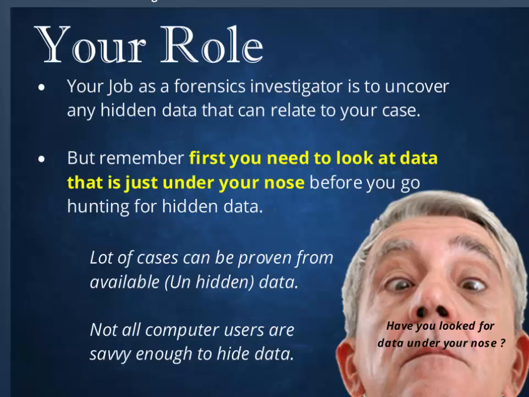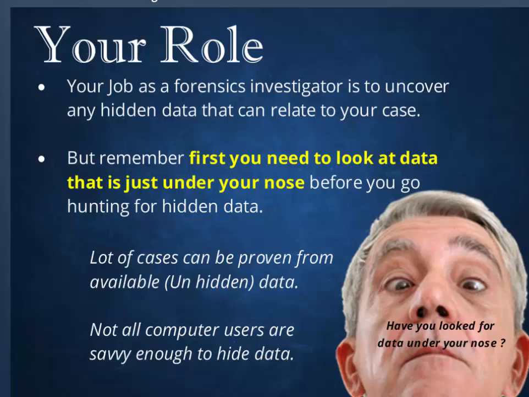Remember, we said that one of the first things that you would be doing is to do a search on the whole drive by keywords or by patterns, and a search a lot of times will reveal some of the data that is hidden. Some of the kinds of hidden data that I'll be describing here will be revealed by doing the search, but not all of them, and we'll explain one by one.